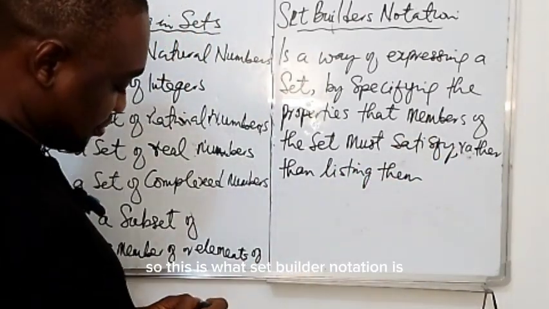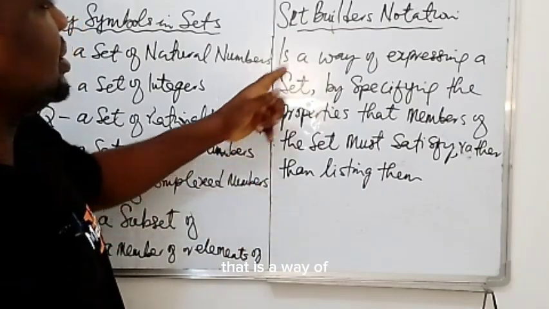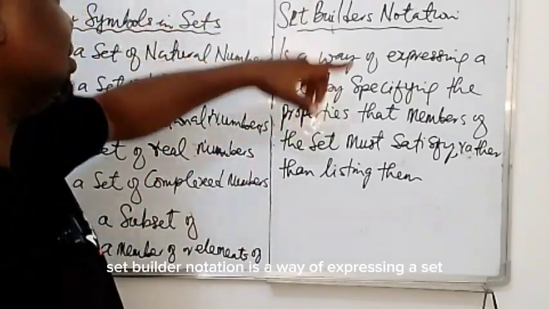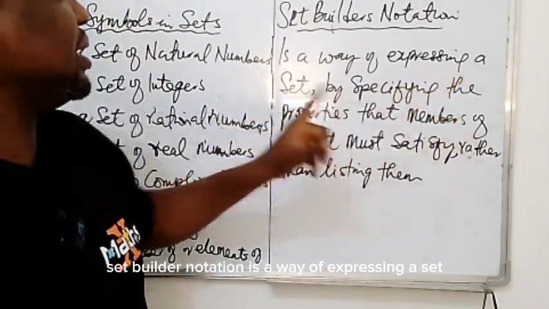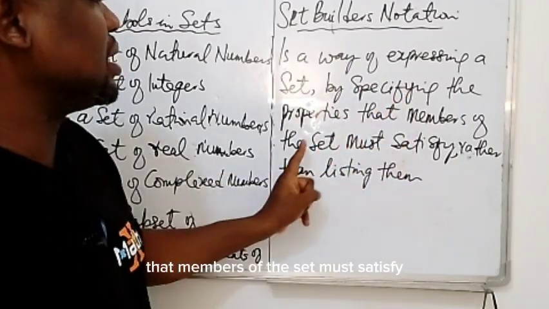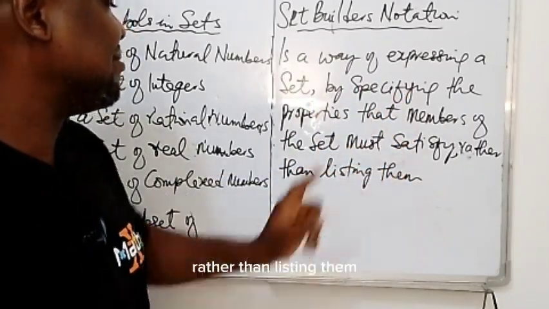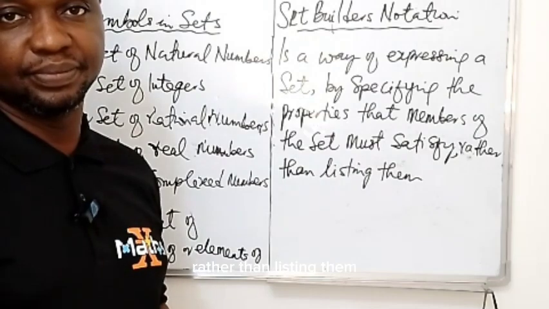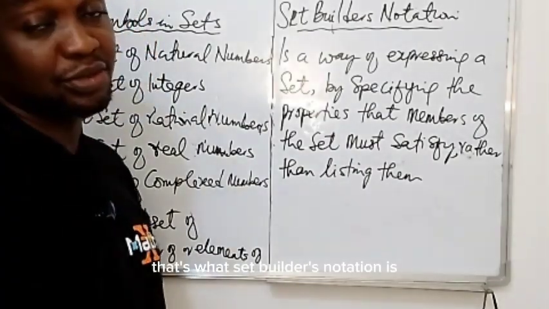So this is what set builder notation is. Set builder notation is a way of expressing a set by specifying the properties that members of the set must satisfy rather than listing them. That's what set builder notation is.